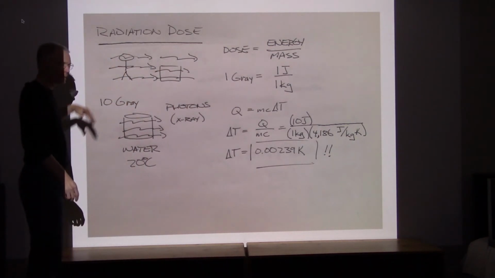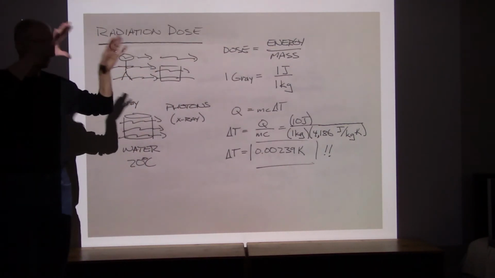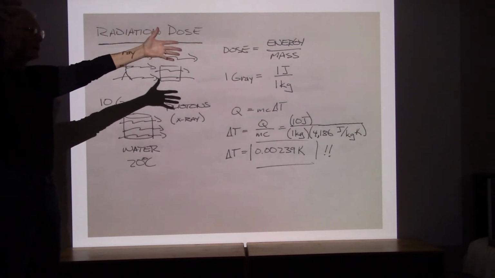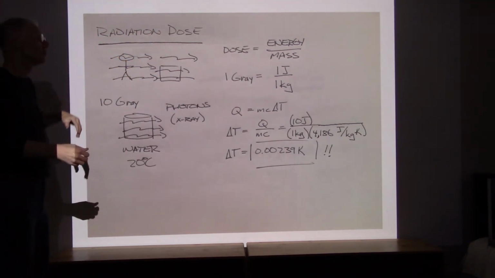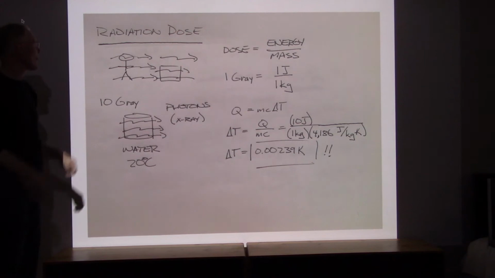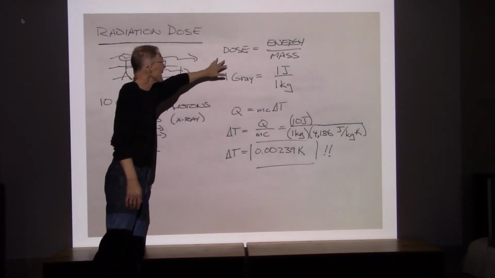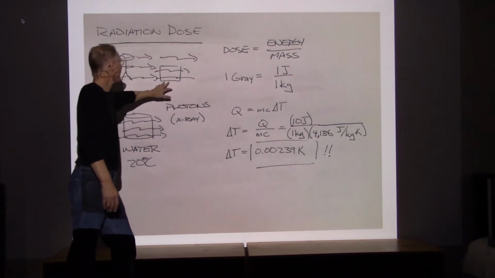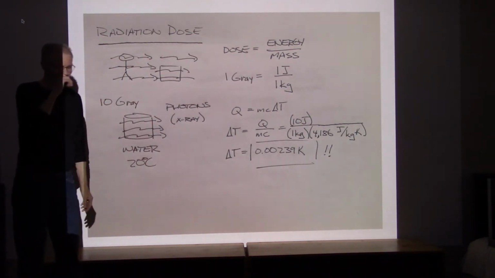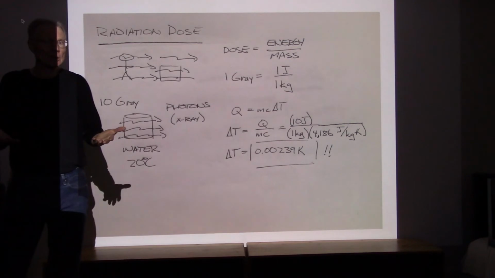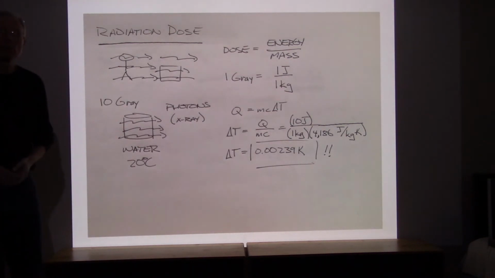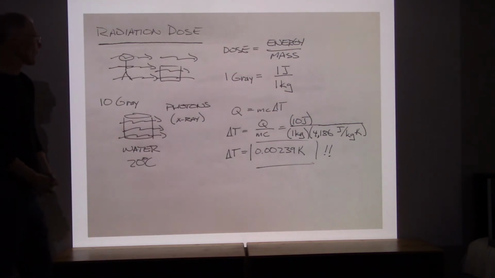So the idea then is, if we set up a standard set of X-rays and it's a pretty good sized beam, pretty wide, whatever we place in that beam is going to pick up kind of the same dose. Depending on what size it is, that's going to determine how much energy is absorbed from that radiation.